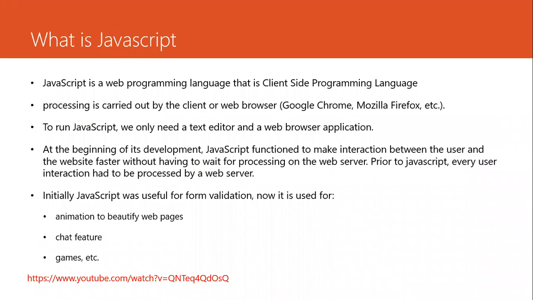Okay, so maybe you wonder why there are so many programming languages that we are learning in making the web. Like I said in the previous meeting, HTML is used for making the structure of the page, and to make it look more beautiful, to give it a style, we need to use CSS.